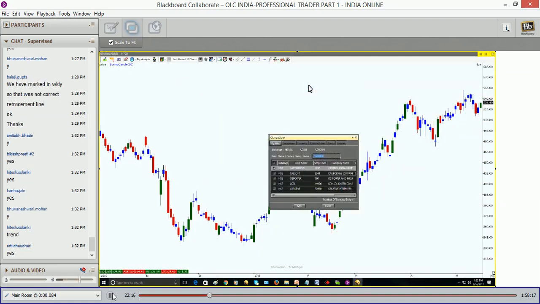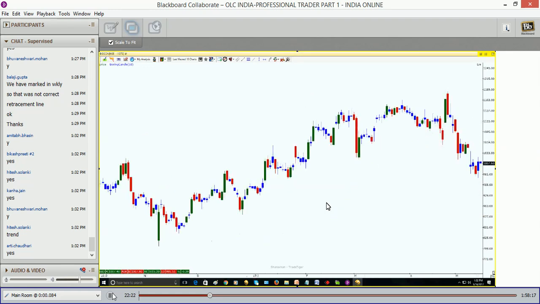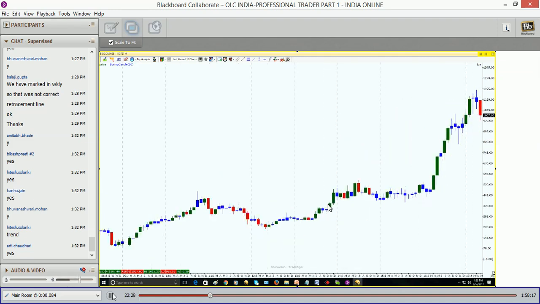For example, if I was to show you what I mean by this. Okay, let's say I'm planning a monthly income trade in Biocon. No prizes for guessing. You would agree that this is your closest demand zone.